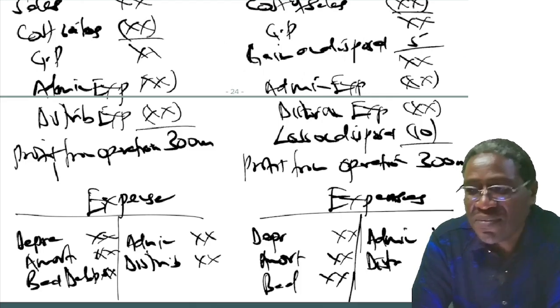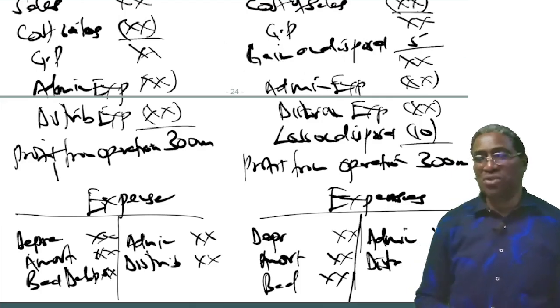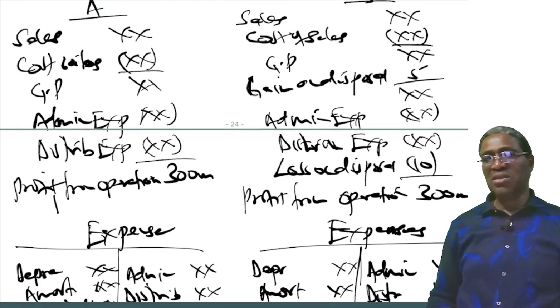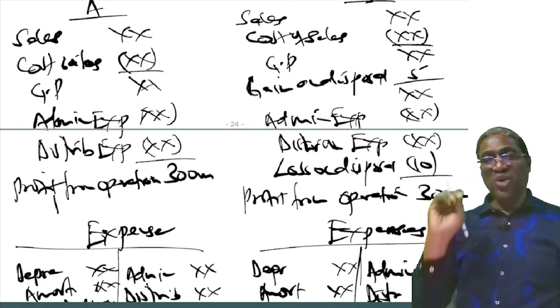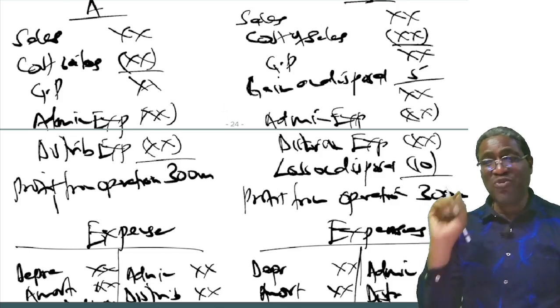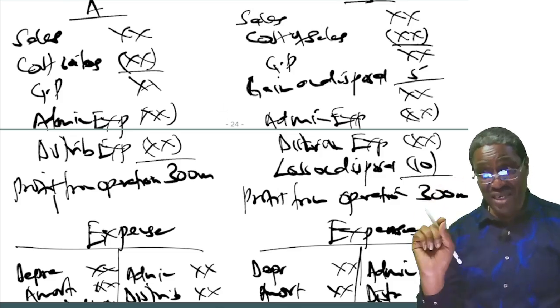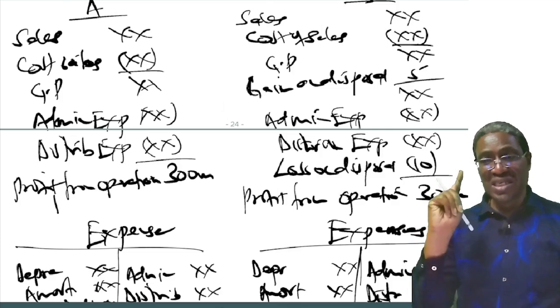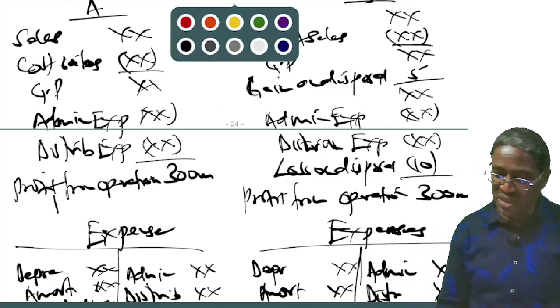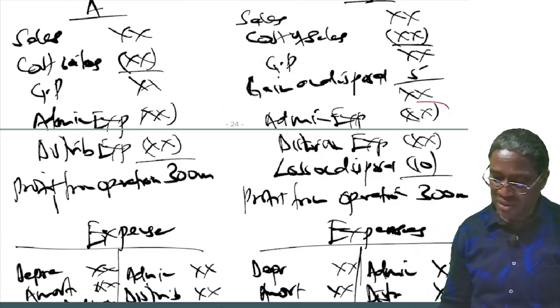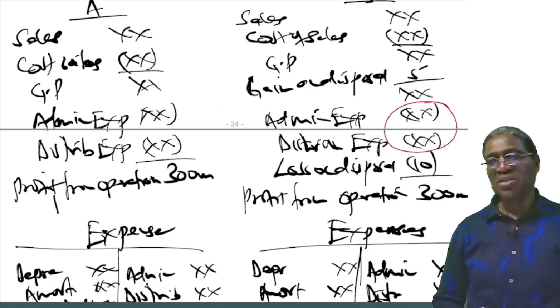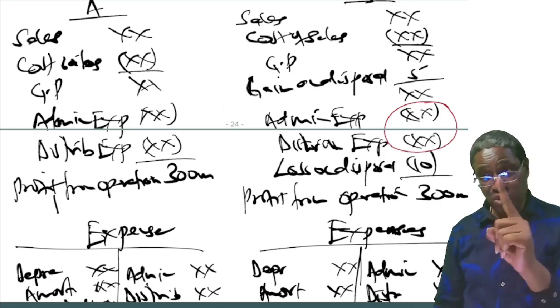Let me explain. Now, don't forget, listen, we are trying to determine the cash paid for services rendered. Which services? These expenses here. The admin and the distribution.